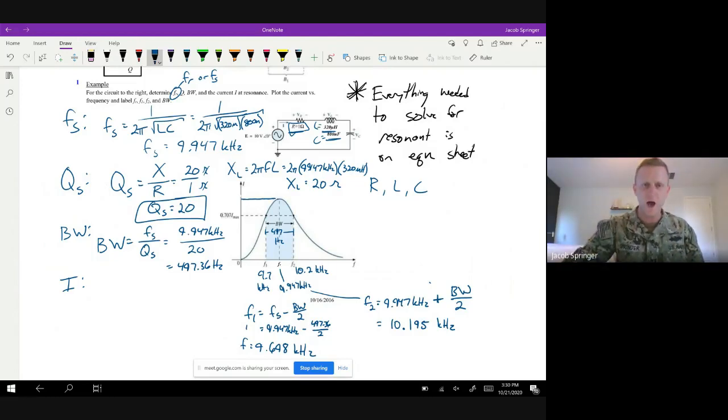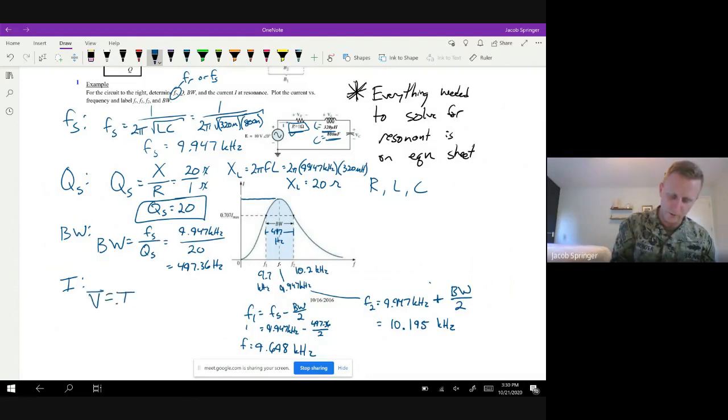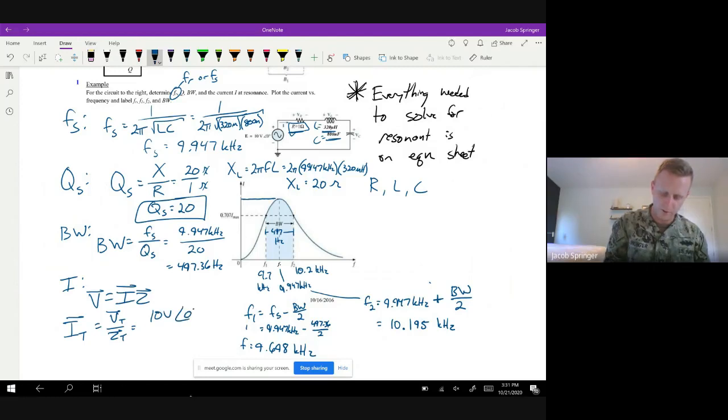Let's find this I in this circuit now. So if I'm looking at Ohm's law, it still holds true, V equals IZ, and I have a series circuit, right? I'm going to find the I, I'll say the total is the V total over the Z total. The V total is given, 10 volts, angle 0 on that source. And now the Z total is going to be my 1 ohm.